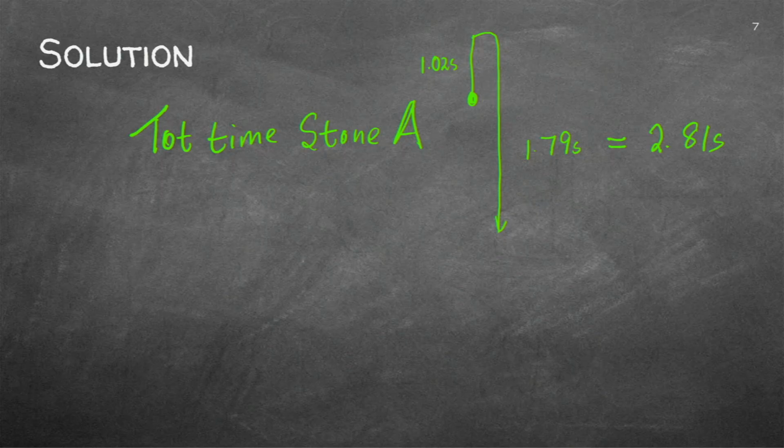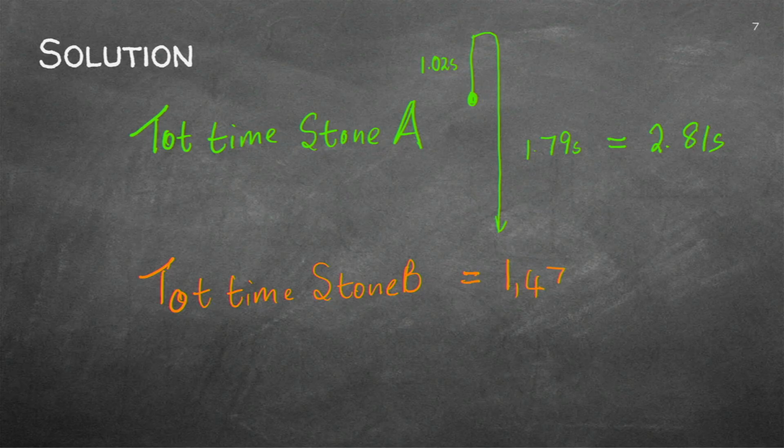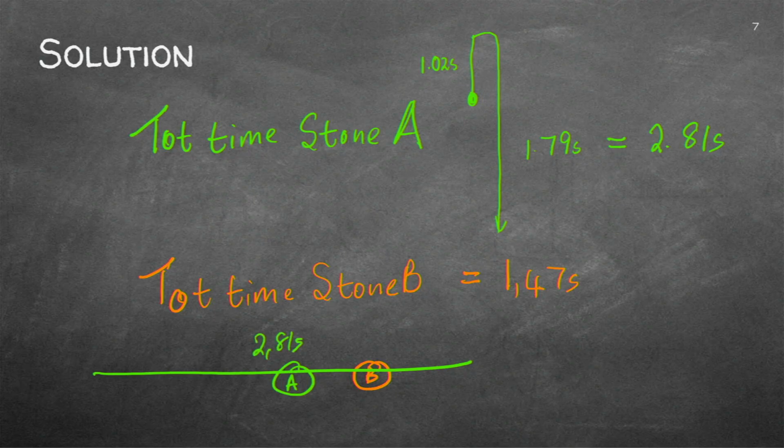In terms of stone B, the total time for stone B is what we calculated, 1.47 seconds. Now you can see stone B is there and stone A is next to it, and they are at the same height. It took stone A 2.81 seconds to get there. It took stone B 1.47 seconds to get there.